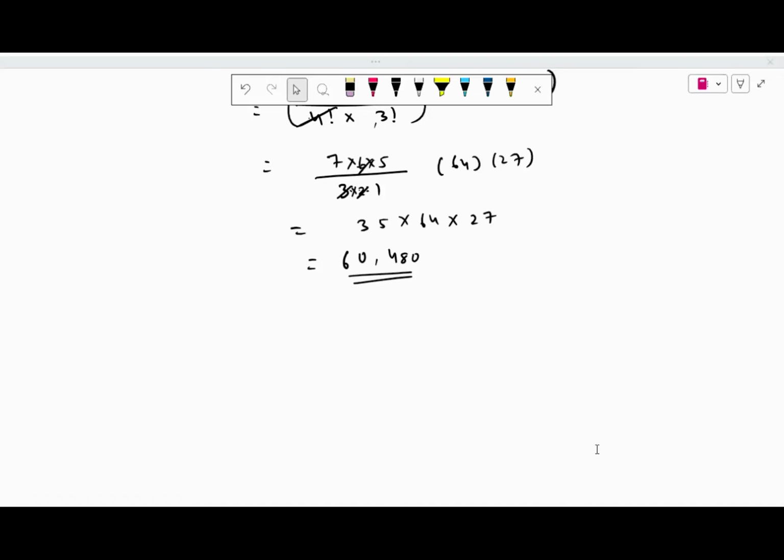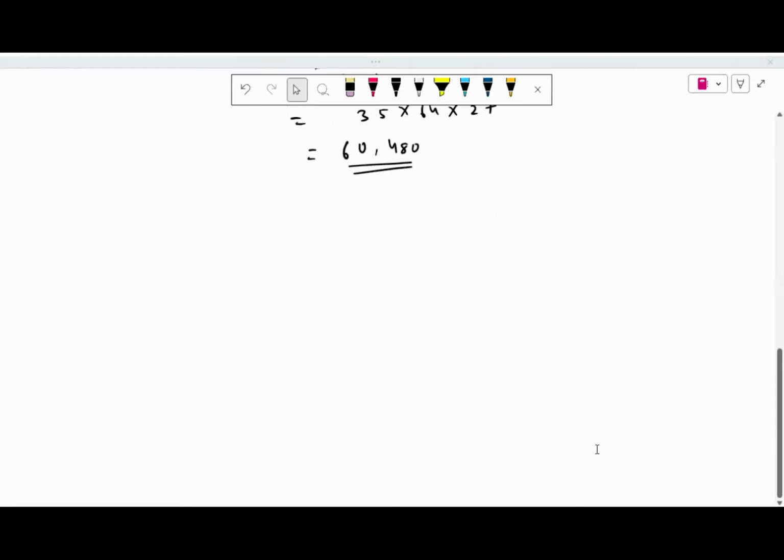Find the coefficient of y cube. I'm writing a question over here. Are you able to see the screen? Yes.